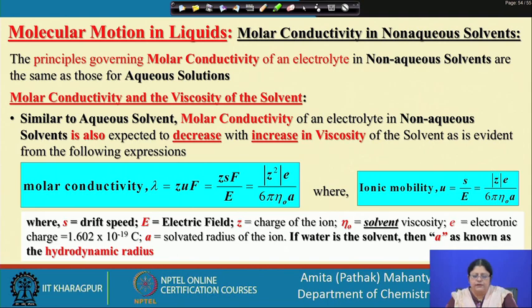Similar to aqueous, the molar conductivity of an electrolyte in a non-aqueous solvent is also expected to decrease with increase in viscosity, as in the case of aqueous medium. It is evident from this expression: molar conductivity is related to zuF, and u, from Stokes law, has viscosity always in the denominator. So, if you have an increase in viscosity, obviously the molar conductivity is going to decrease.